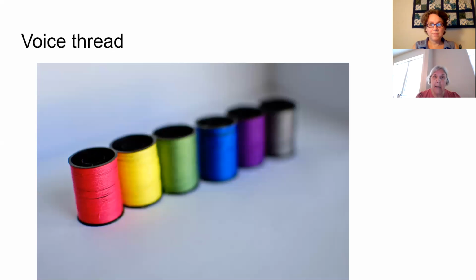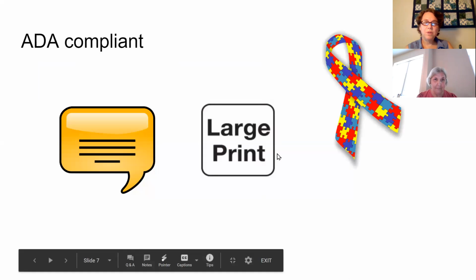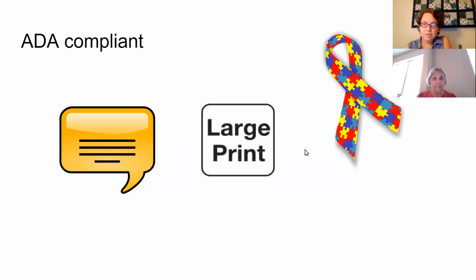I think it adds a human touch to the course. I learned a little bit about being ADA compliant, that we should have a voice, we should have large print, and we should think about our different types of students and what works best for them.